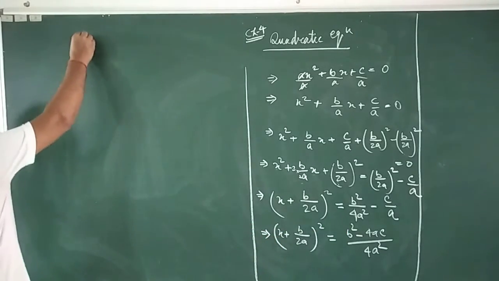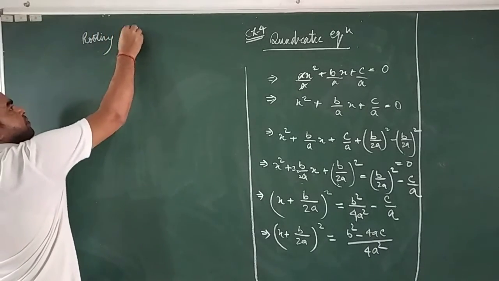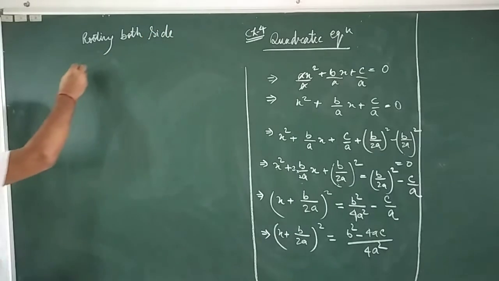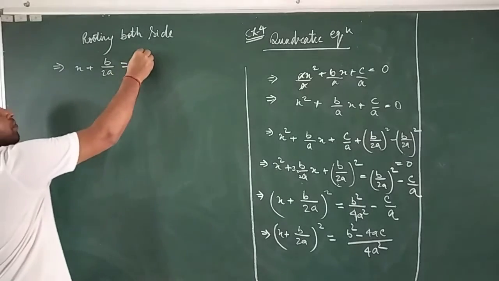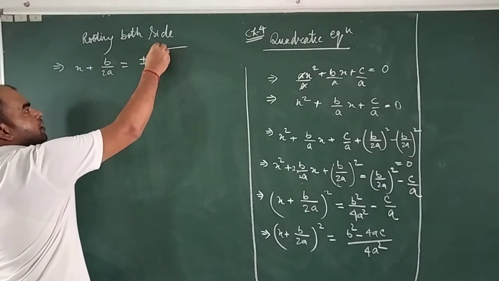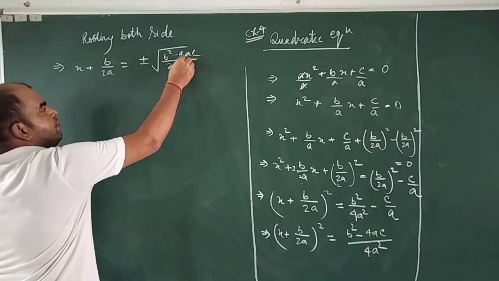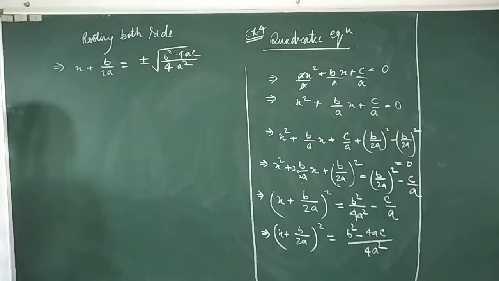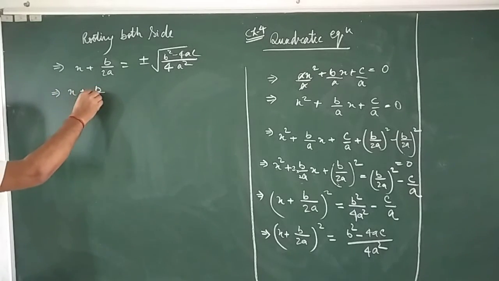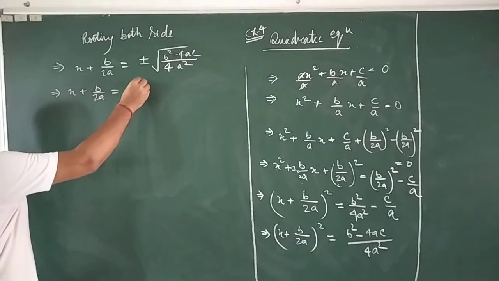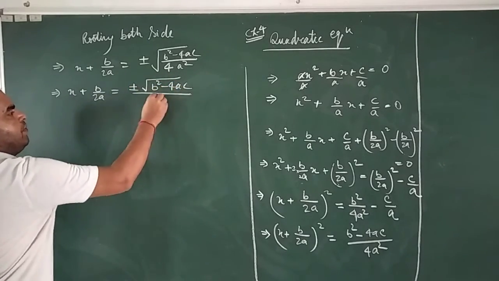If you take the root of both sides, what you will get is x plus b upon 2a equal to plus minus, under root b square minus 4ac upon under root 4a square. Now open this bracket, so you will get x plus b upon 2a equal to plus minus under root b square minus 4ac upon 2a.